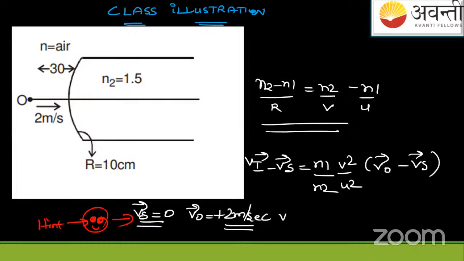Velocity of image, we don't know, we need to find it. Apply the formula. Now I think this many hints are more than enough. You can cancel the Vs factors, this will remain. Find the answer. Conventions, use yourself. If u is negative, still the square will be positive. N1 is what, air. N2 is what, 1.5. What do you think, what will be vi?